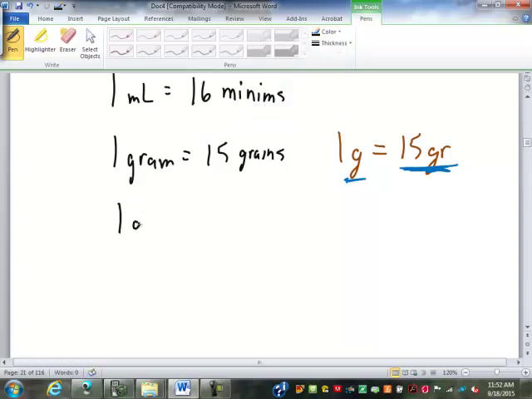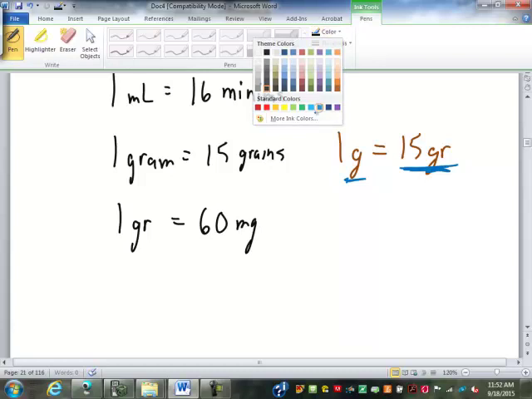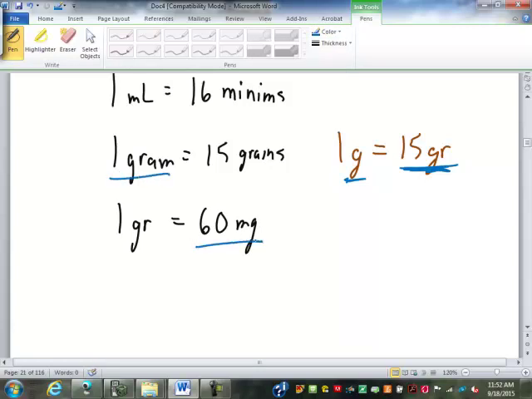So 1 gram is 15 grains. However, 1 grain is 60 milligrams. I'm going to pause there for a second. 1 gram is how many milligrams? 1,000, right? The definition of milli is 1/1000th.